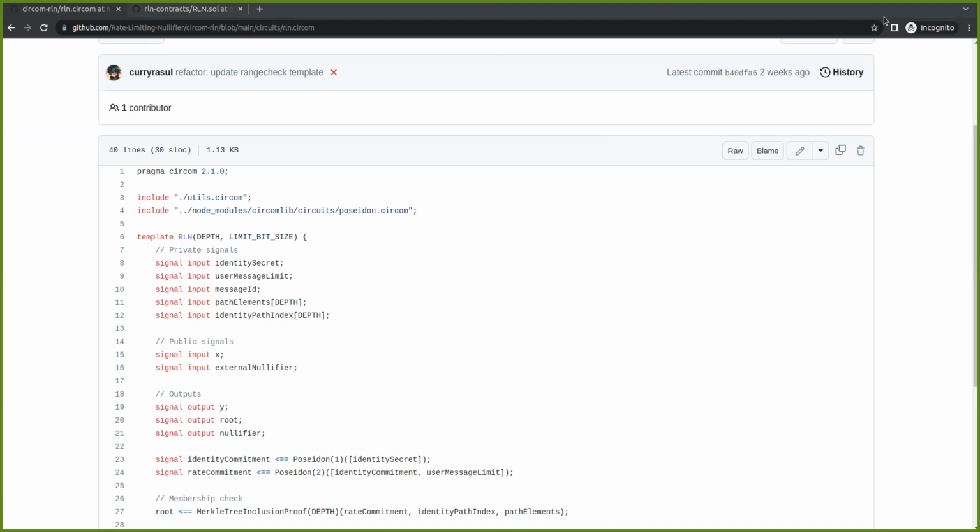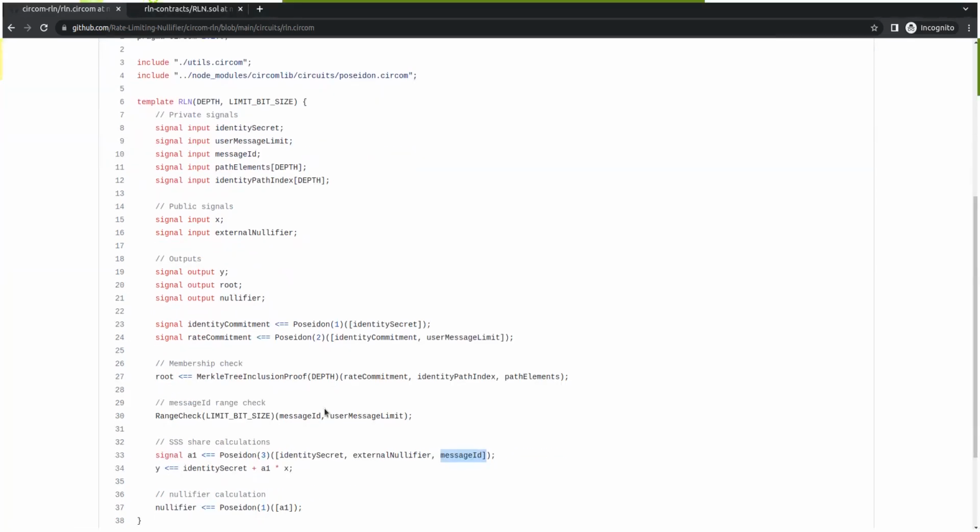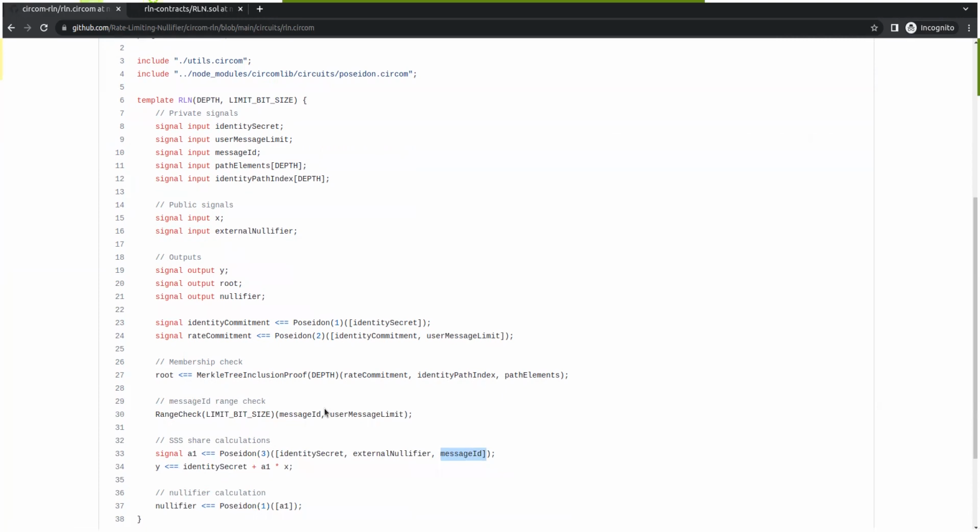No, scroll down, Rasul. Yeah, line 33. I think this is what Chen is asking about. If you play around with the external nullifier, you can basically send a different message without actually leaking a second share.